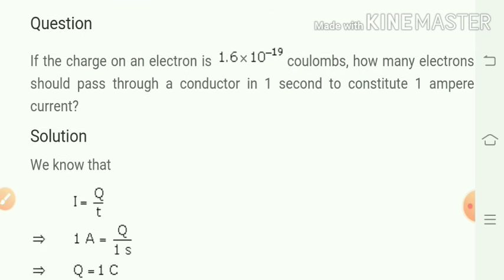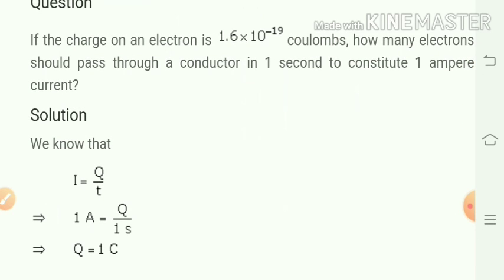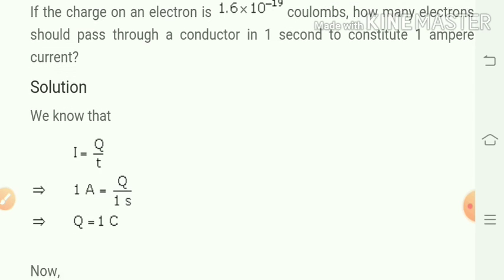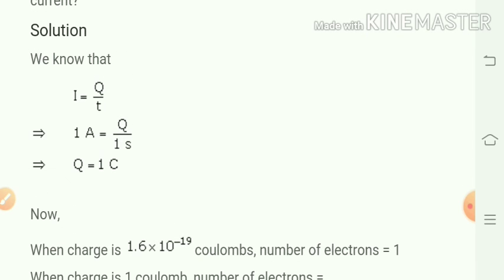If the charge on an electron is 1.6 into 10 raised to minus 19 coulombs, how many electrons should pass through a conductor in 1 second to constitute 1 ampere current? According to the formula of electric current, I is equal to charge upon time.